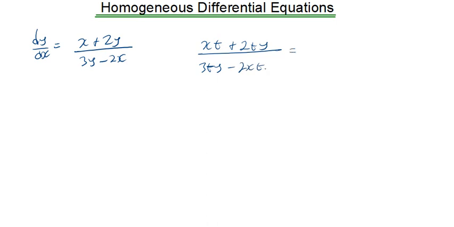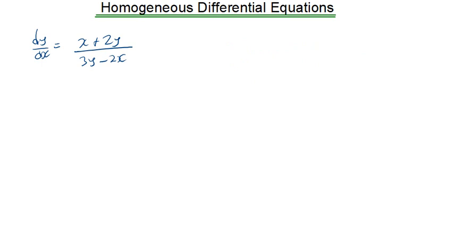When you factor out the t, you get x plus 2y divided by 3y, wait a minute, that's not plus, but minus 2x. That confirms it's homogeneous, and my alpha in terms of t is 1.